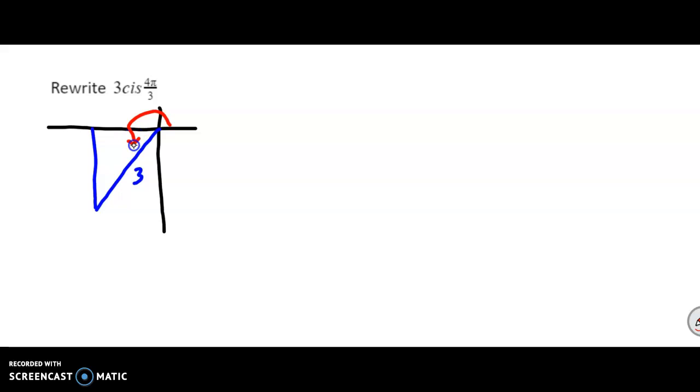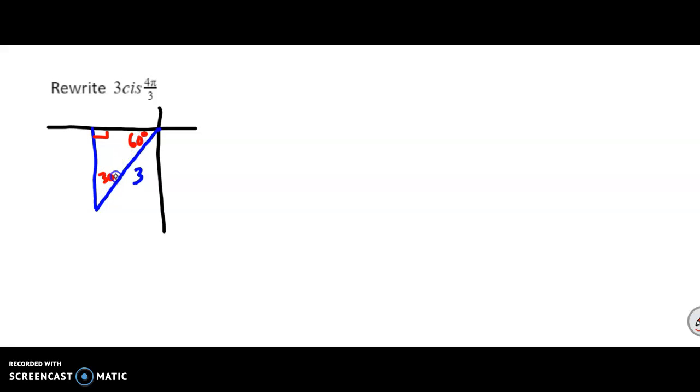How much more though? This is going to be 60 degrees. So this is quote-unquote 60 degrees here, okay? Which means this is 30, all right?